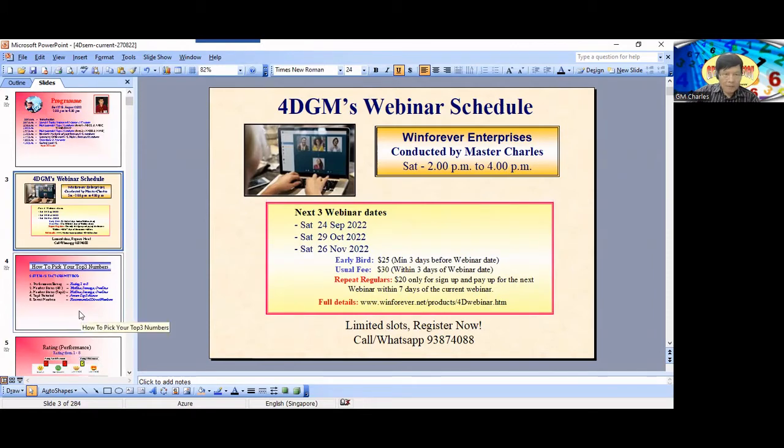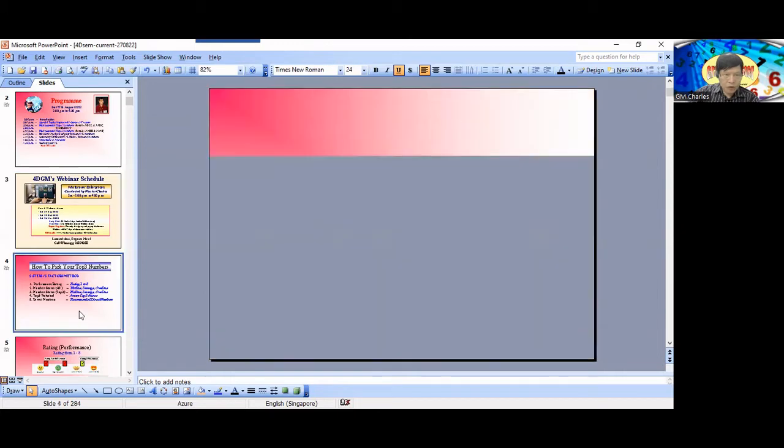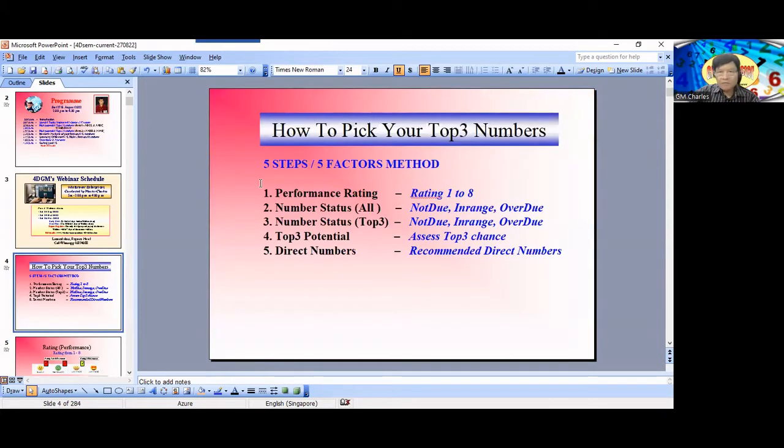Now we are about to go to talk about the 5-step 5 factors module. Now this 5-step 5 factors actually relates to the factors which are listed down here. Performance rating, which you know is on 1 to 8.